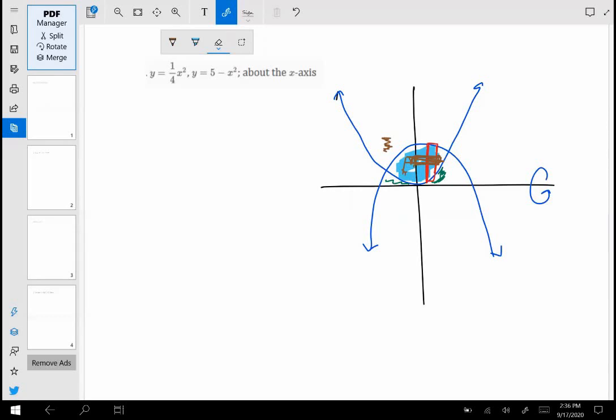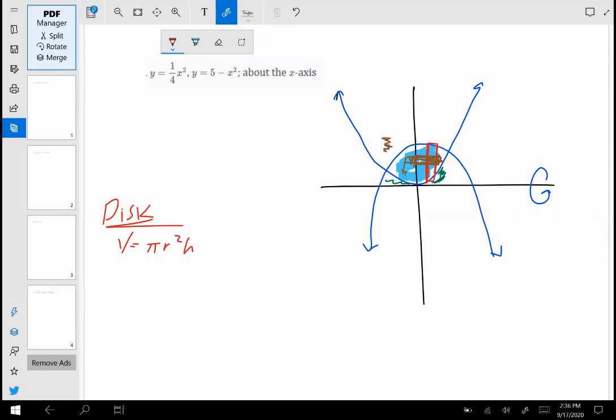Sure. Okay. So let's do disk method. Okay. So remember, for the disk, the volume of a disk is pi r squared times h.